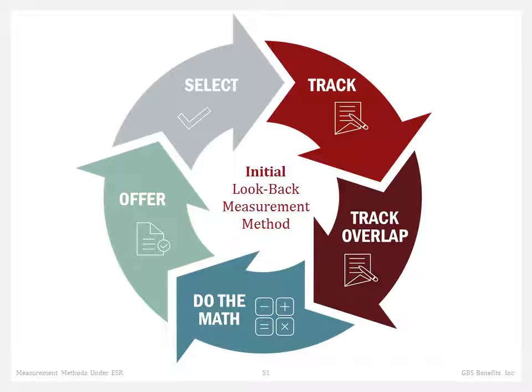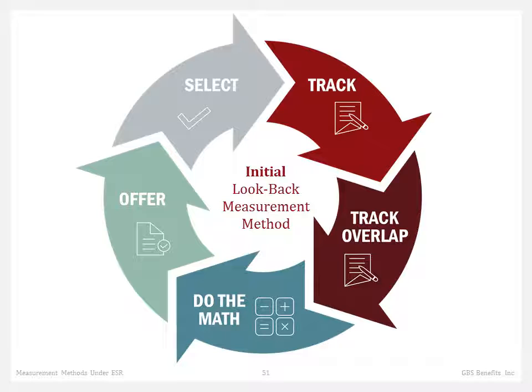So we are now moving on to the initial look-back measurement method. We've talked about the standard look-back measurement method, and now the initial is for newly hired employees who are not reasonably expected to be full-time. That's who's going to be put in this look-back measurement method. Again, the initial look-back measurement method is for, remember those 3 categories of employees?